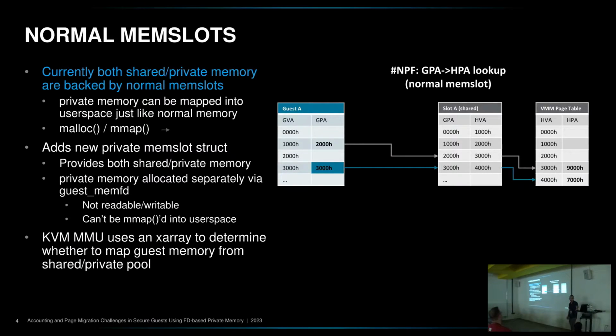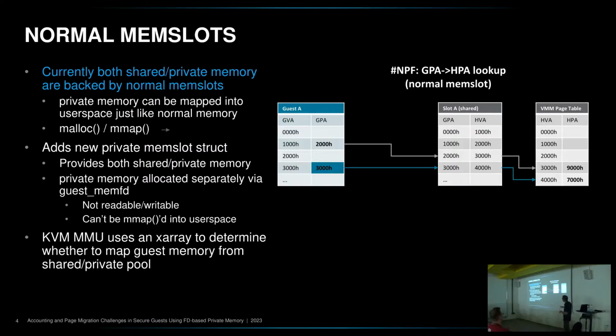This is how things work currently without GMEM, with normal guests and also with SEV and SEV-ES guests. So if you look on the right side here, we have a guest page table. It's got a GPA mapped into its page table for address 2000H, which is just normal shared memory, and then it's also got a private page at 3000H.